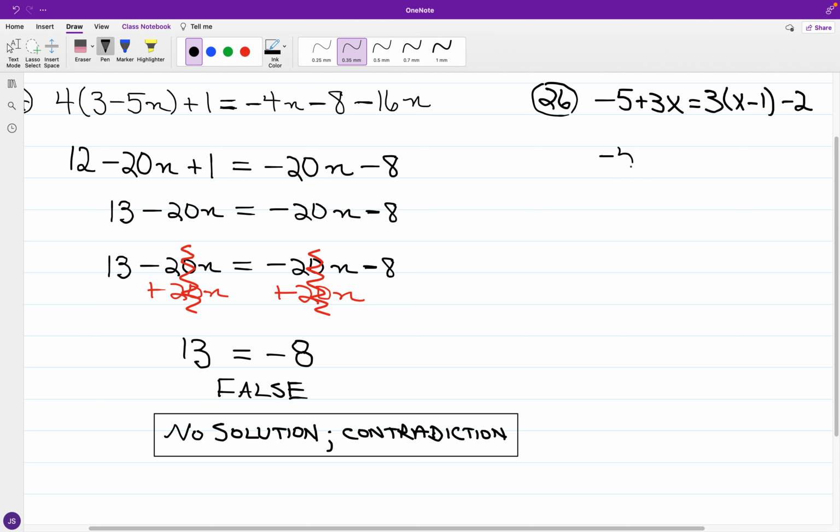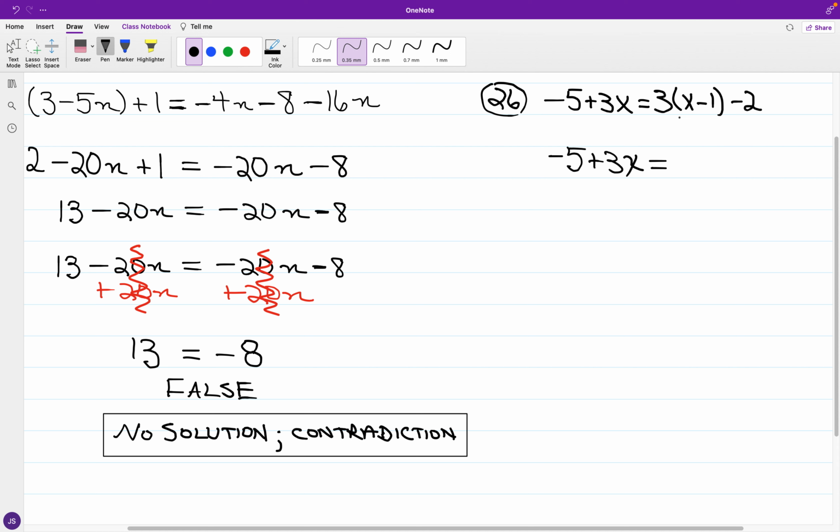Left hand side, so we have negative 5 plus 3x. So there were no like terms on the same side to combine on the left, and for what we have on the right, we have a distribution to perform. So 3 times the quantity of x minus 1, this will come out to 3x minus 3. We have followed by the subtraction of 2.